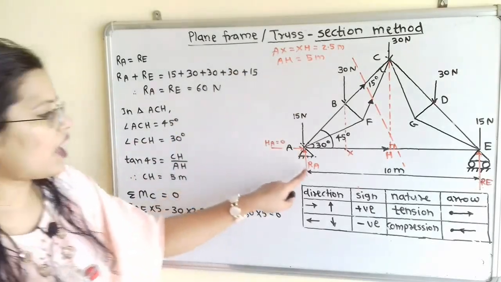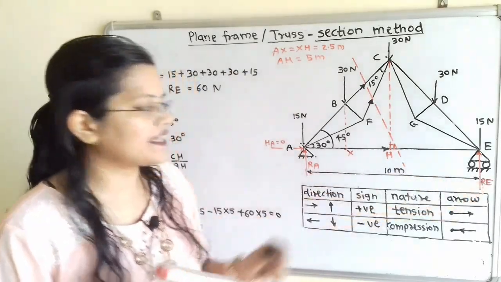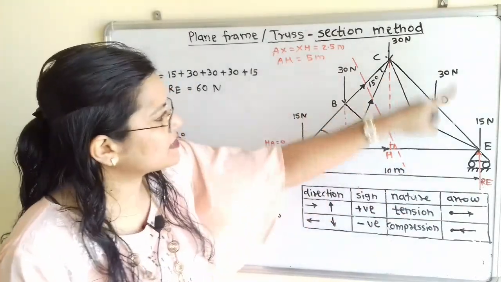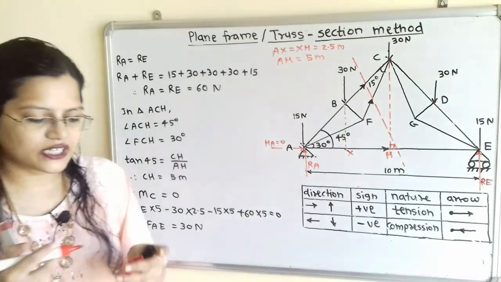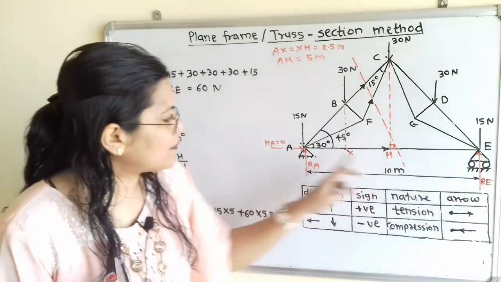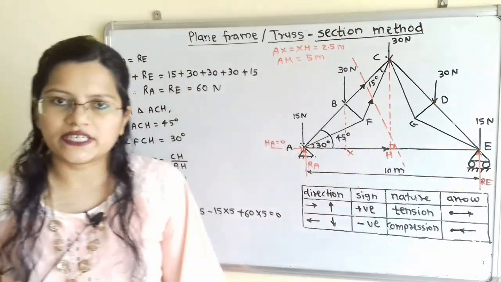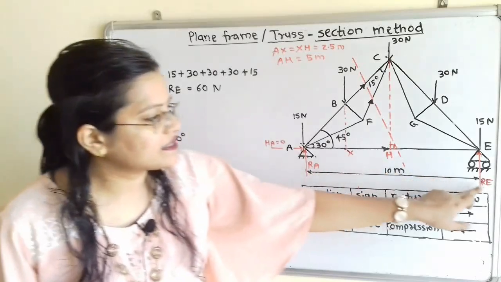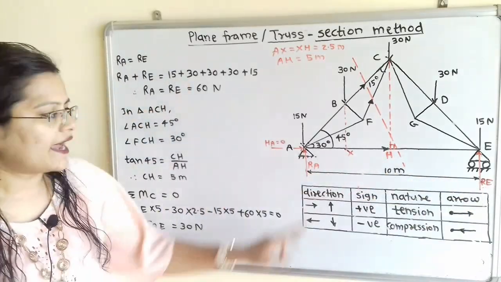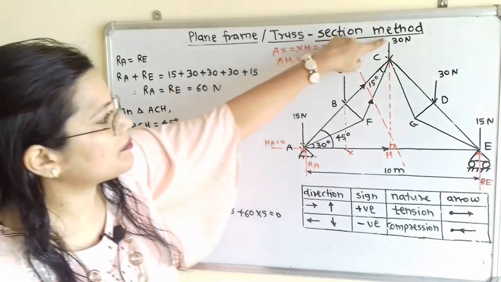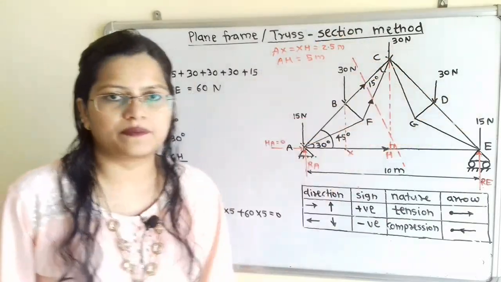Now we will find out the unknown reactions RA and RE. This whole load, in the vertically downward direction, is carried by the two supports at point A as well as at point E, and these are the end points. So we can say that RA is equal to RE, and RA plus RE is equal to 15 plus 30 plus 30 plus 30 plus 15.